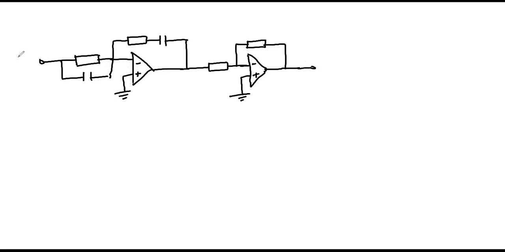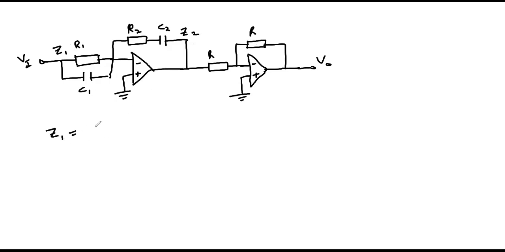So this is our input VI, our output VO, resistor R1, capacitor C1, resistor R2, capacitor C2, and then R. From these, we can determine the impedance on the forward path as Z1 and the impedance on the feedback path as Z2.